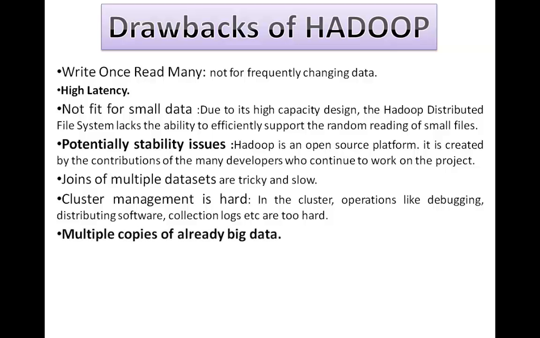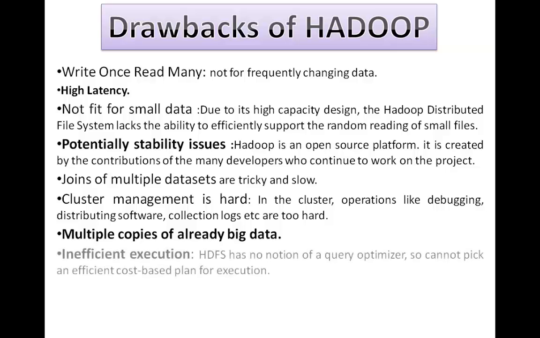And one of the most important drawbacks is multiple copies of already big data. We create 3 copies of data. That means that if I have 50 GB of data, then 150 GB has been created for it. And to improve data locality, we produce 6 copies. It means 300 GB of data from just 50 GB of data. Big data which was already big, we made just bigger.